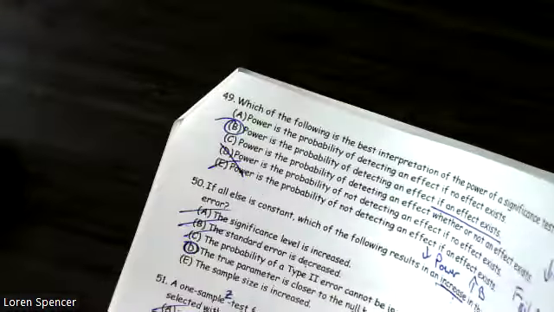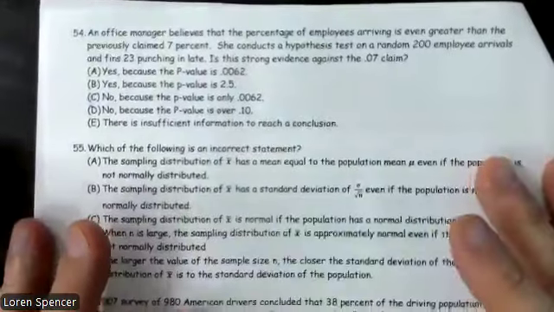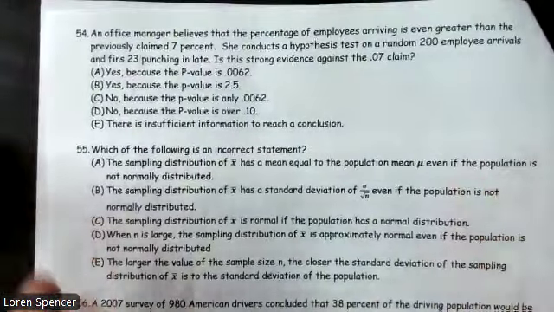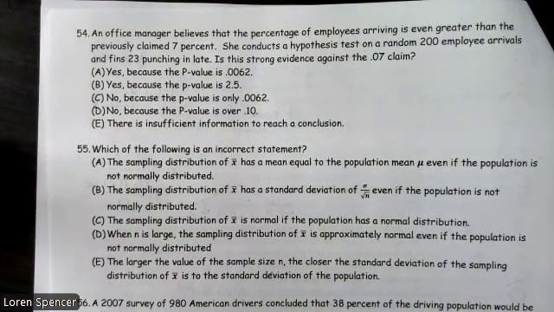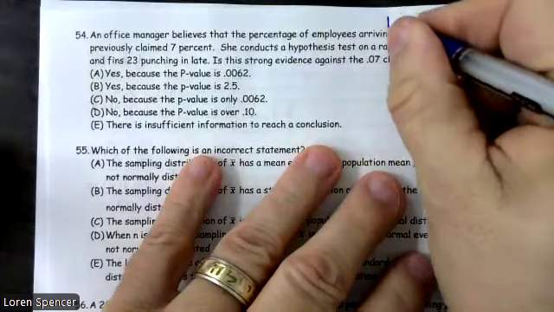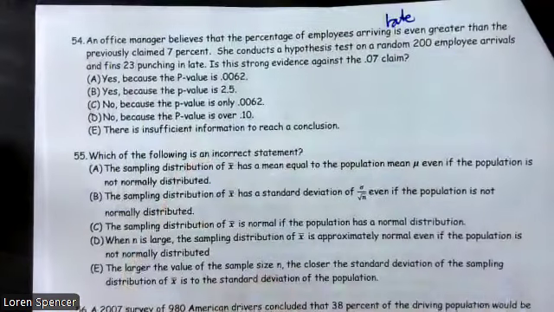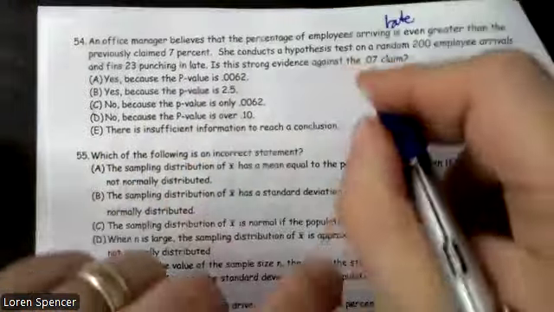Number 54. An office manager believes that the percentage of employees arriving late is even greater than the previously claimed 7%.